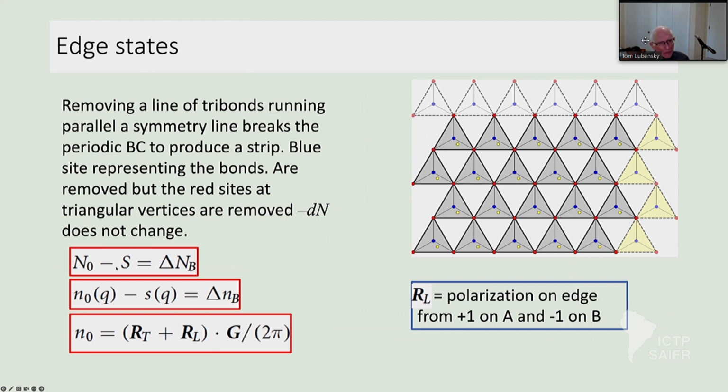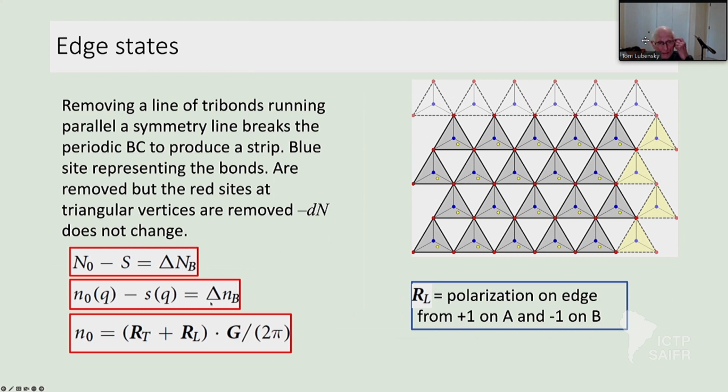So when you write n naught minus s equals delta NB, remember that the Maxwell-Calladine equation is n naught minus s equals dn minus nb. dn is fixed, and so we have minus a minus delta nb, which makes delta nb a positive number. And of course, it's valid for each value of q.